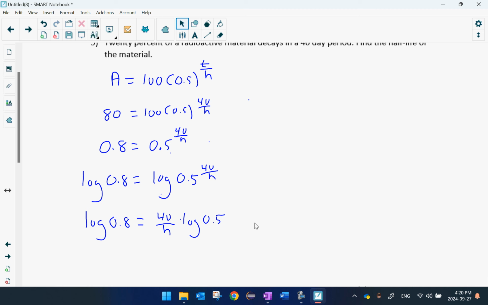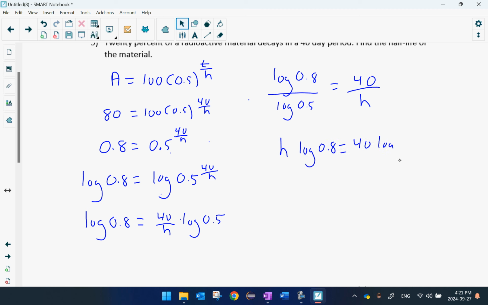You could divide both sides by log 0.5. So you get that log 0.8 over log 0.5 is equal to 40 over h. Lots of options here about how to think about this. You could cross multiply if you like. h log 0.8 equals 40 log 0.5. And then divide by log.